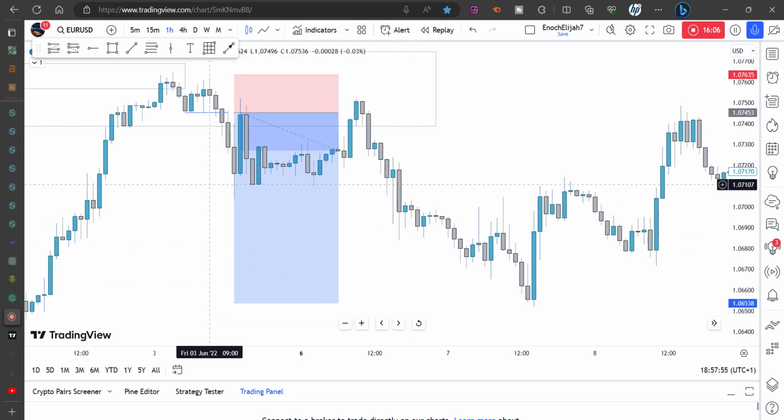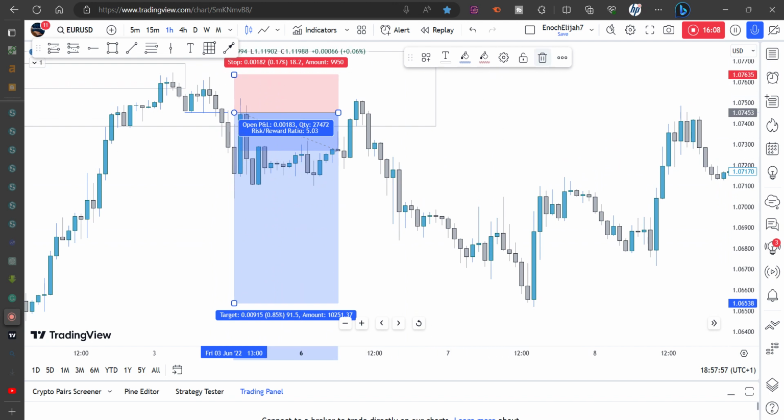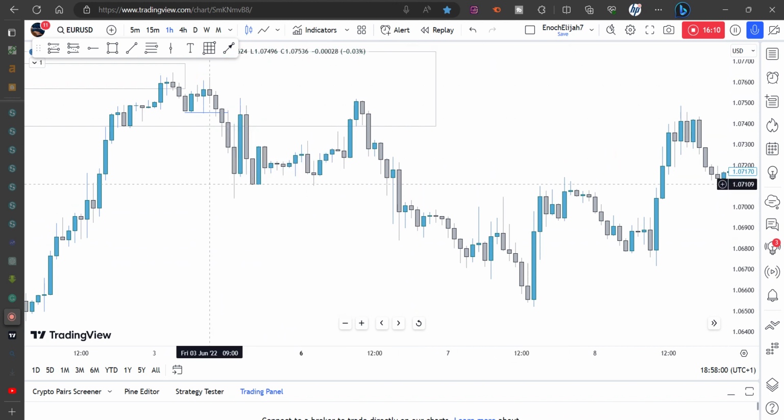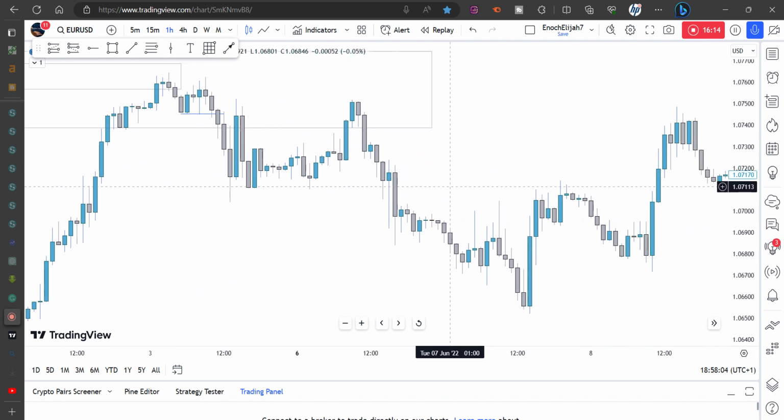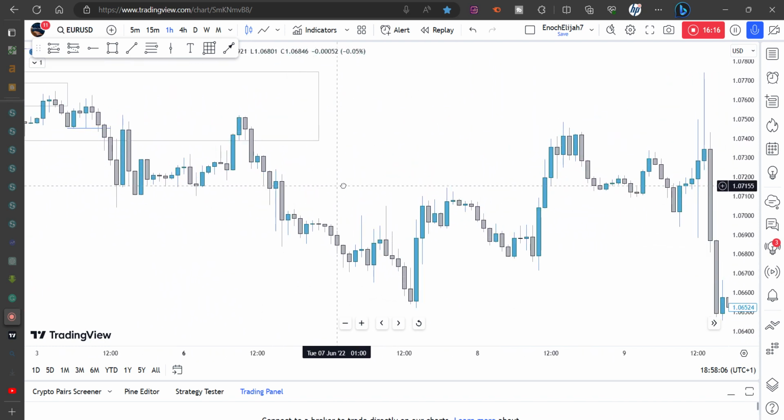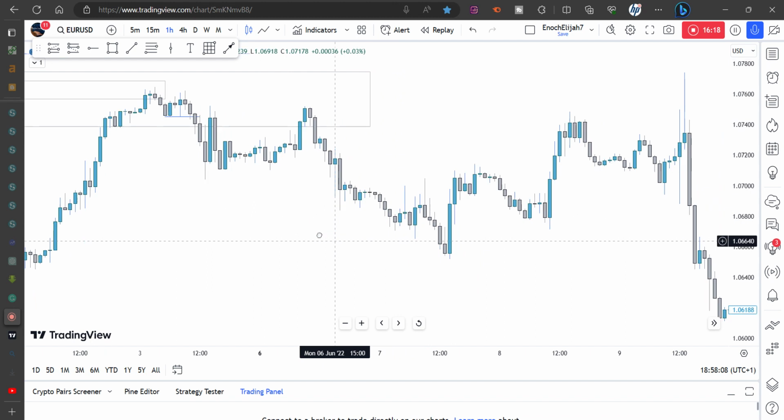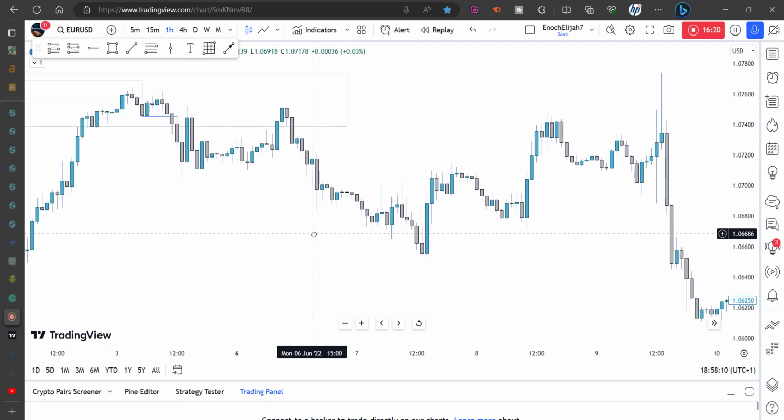Well, let's say you miss that move, and you know what to do. You keep following price down until we break or reach the draw on liquidity on that daily time frame.